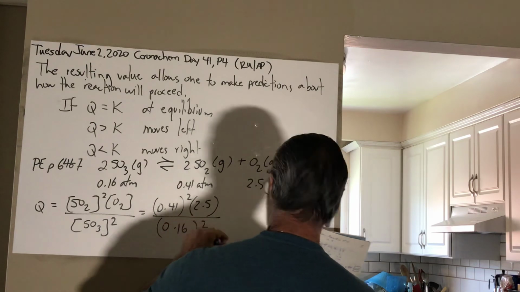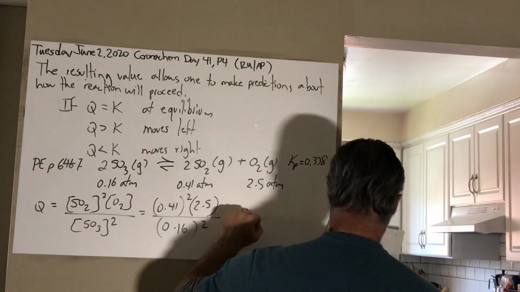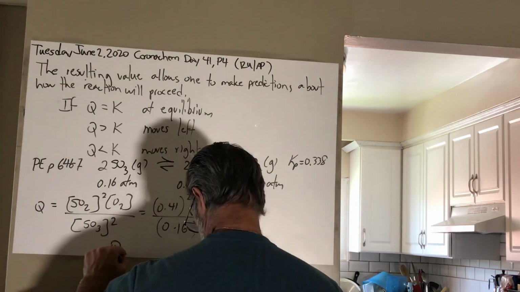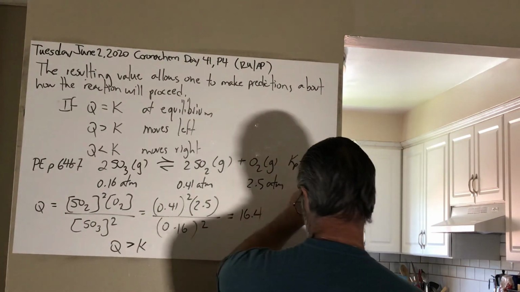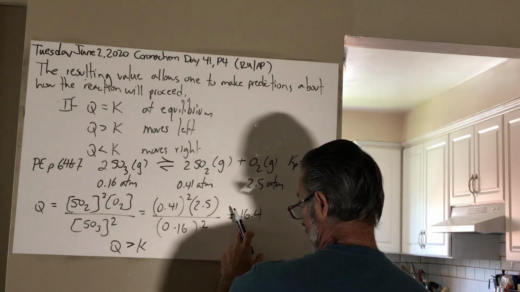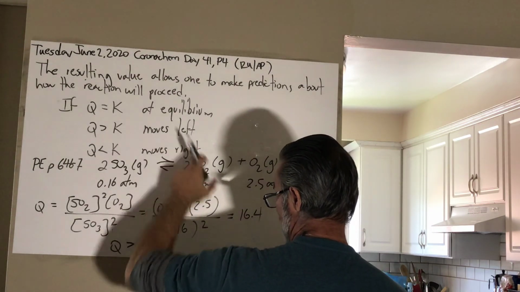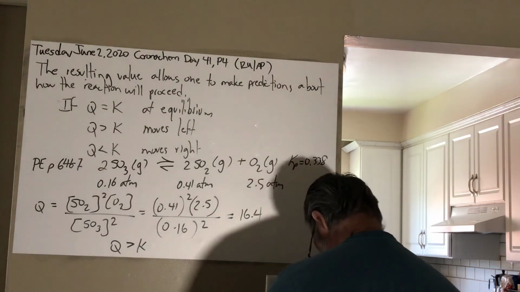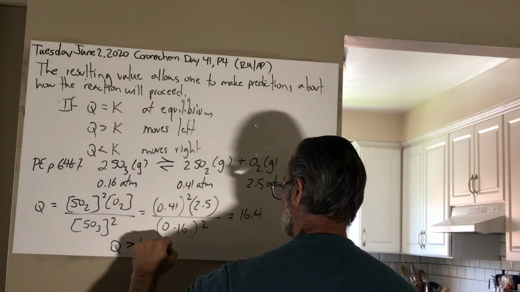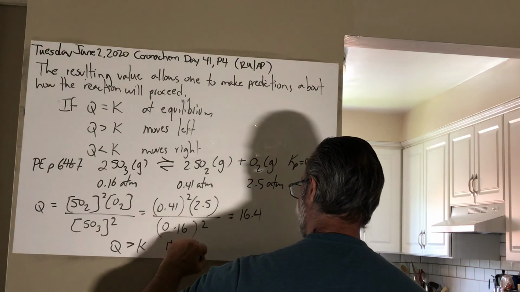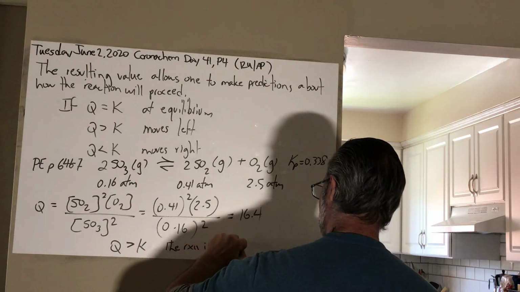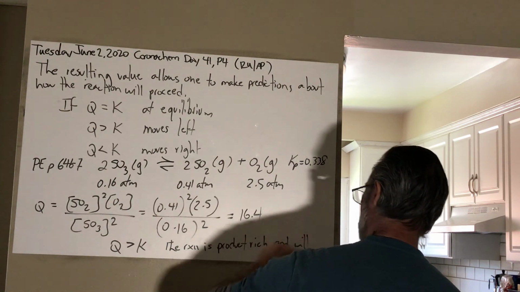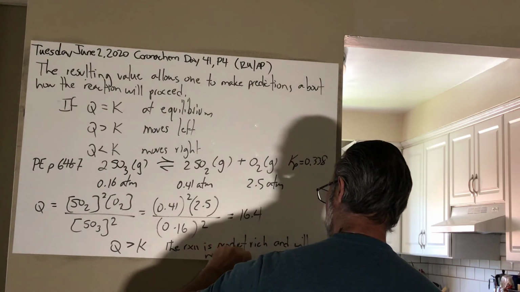So we're determining the value of Q. We get 16.4, which is bigger than K. So K is 0.338, and we're getting 16.4. Because it's bigger than K, the reaction is going to move left. It's already gone past equilibrium, so it's going to move back. The reaction is product rich and will move left.